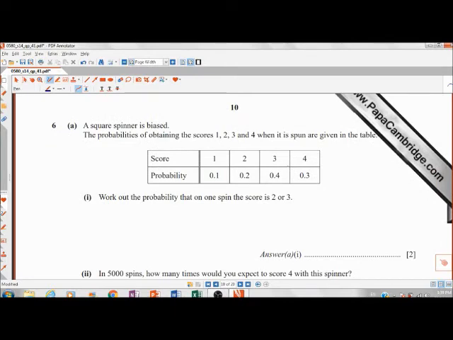Here, a square spinner is biased, that means it's faulty. The probabilities of obtaining the scores 1, 2, 3, and 4 when spun are given in the table. Work out the probability that on one spin the score is 2 or 3. 2 is 0.2, 3 is 0.4, so just add them.